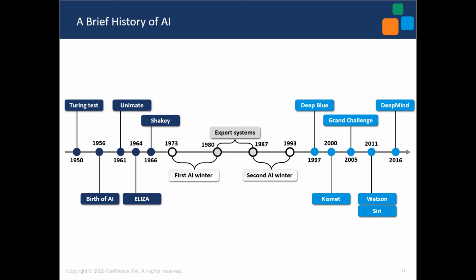Many of you may be familiar with Alan Turing from the UK, he invented the Turing test in the 1950s. And that was really the first origins of what we consider today artificial intelligence. It actually got the moniker of artificial intelligence at a workshop in Dartmouth in the mid-1950s.